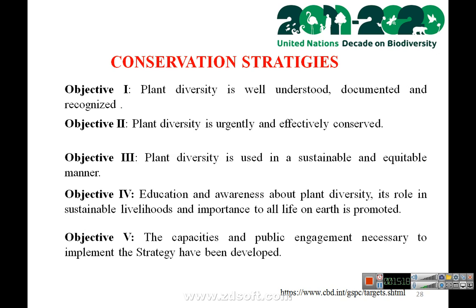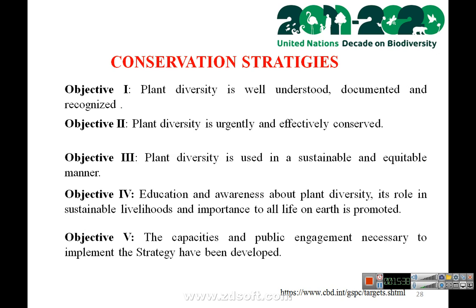Number two is that plant diversity is urgently and effectively conserved. Number three, plant diversity is used in a sustainable and equitable manner. Number four, education and awareness about plant diversity, its role in sustainable livelihood and importance to all life on earth is promoted.